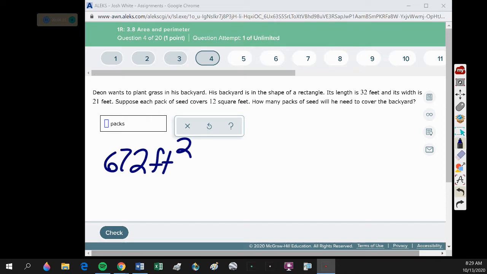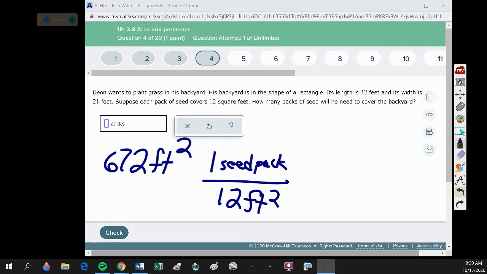Now what do we do? Well, we know that one seed pack covers 12 square feet, and I cross off the feet.